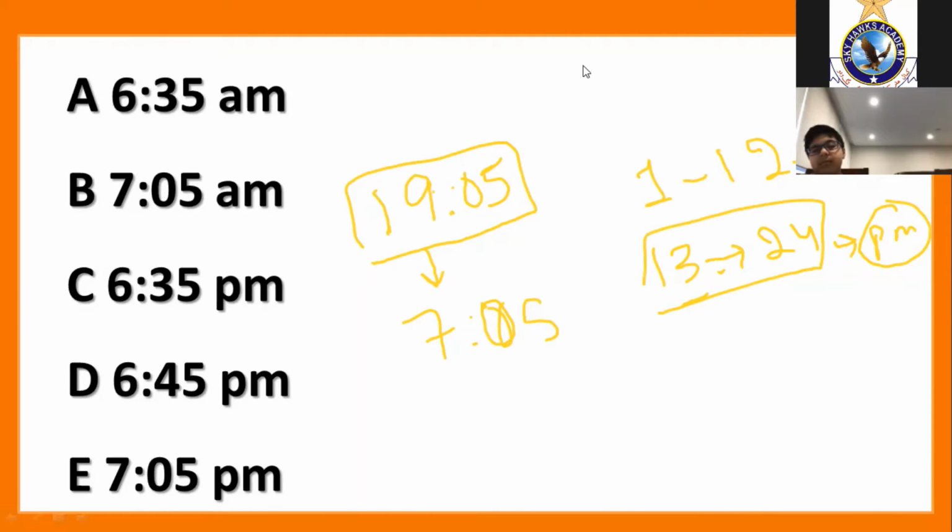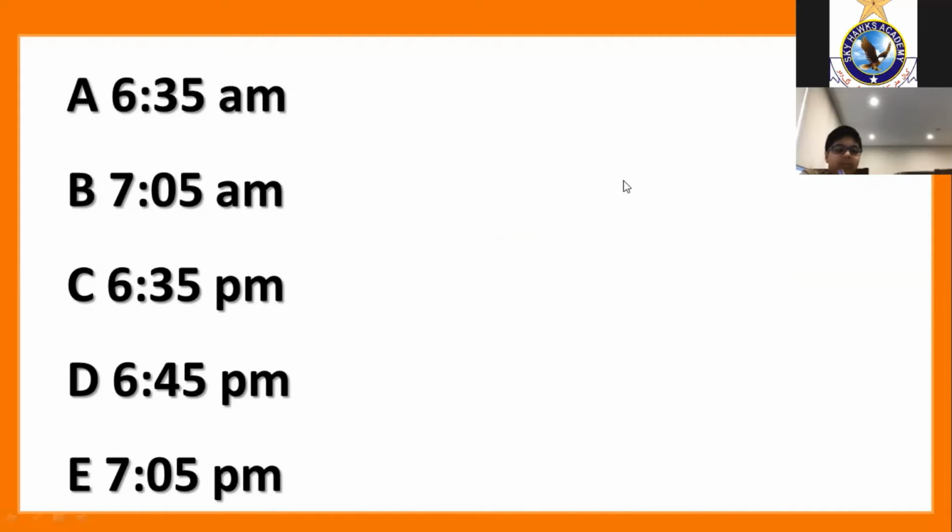So we are converting 1905 into 12-hour format, and it becomes 7:05 PM. So it's E. Let's see the answer. Is the AM or PM concept clear? Yes, I'm writing it down. Option E is the correct answer.